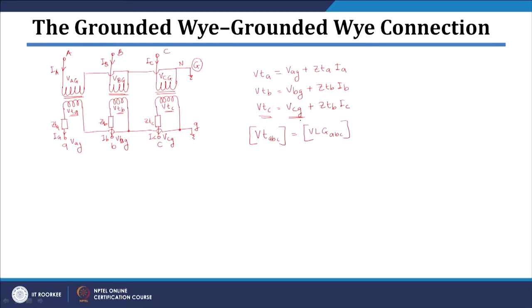So, these three voltages will be represented by this, plus your impedance matrix ZTABC, which, as I told you, will be a diagonal matrix ZTA, ZTB, ZTC, and non-diagonal entries will be equal to 0. So, ZTABC will be having structure like this, and then multiplied by your IABC, all the three currents.